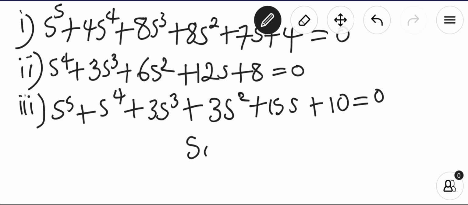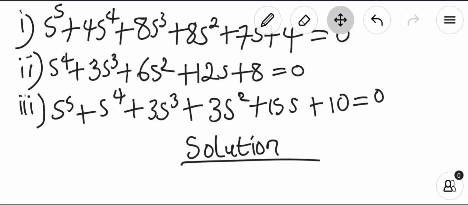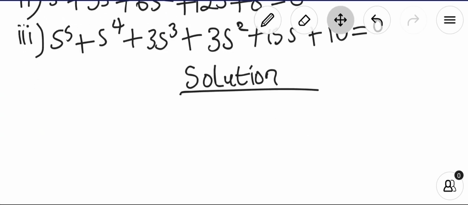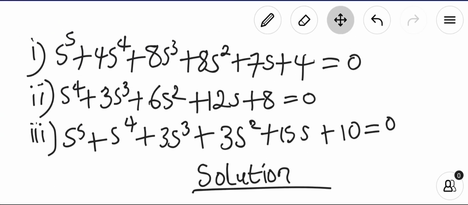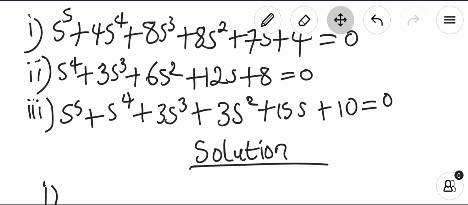So, solution: using Routh-Hurwitz criterion, the first thing to do for equation 1, the first thing to check for is if all the coefficients of s are present and if they are positive.